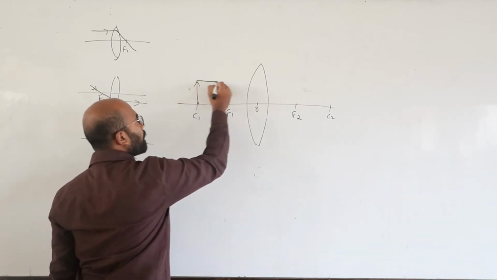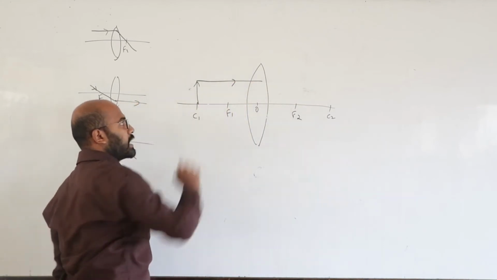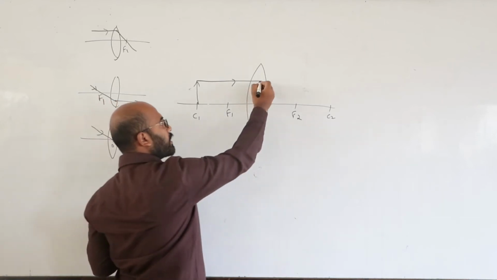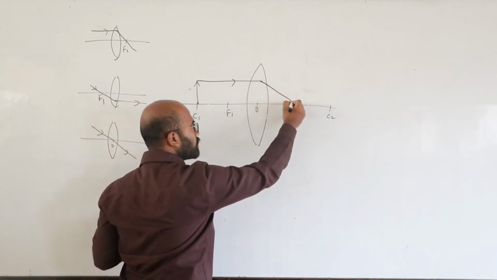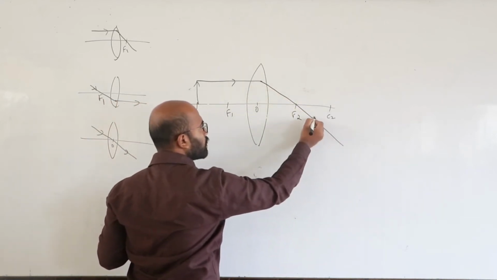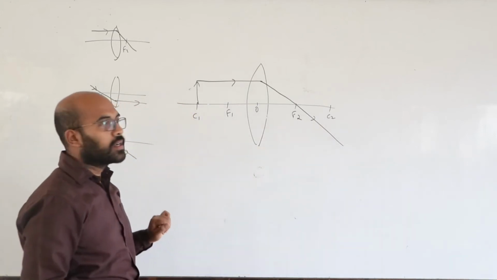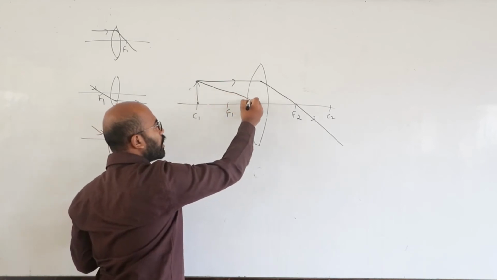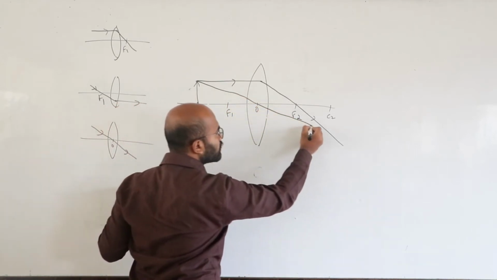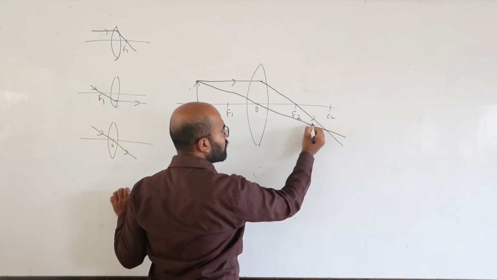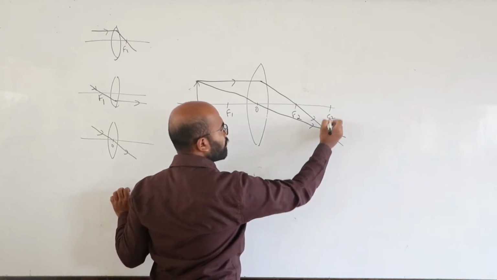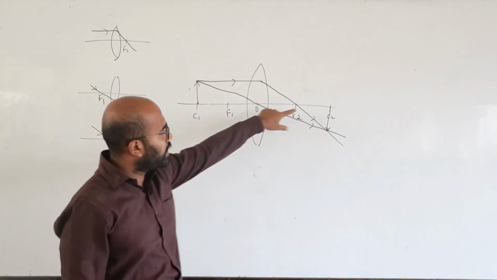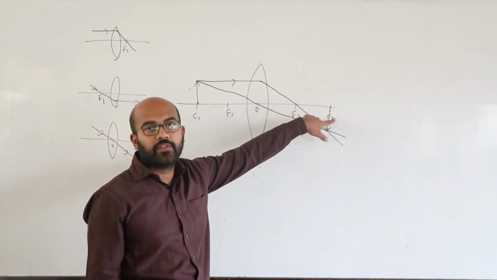Light ray parallel to principal axis, after refraction passes through principal focus. Next, the light ray passing through optic center goes in the same straight line. So they are meeting here. So the image is getting formed at center of curvature.